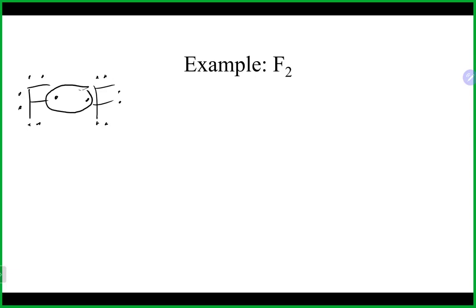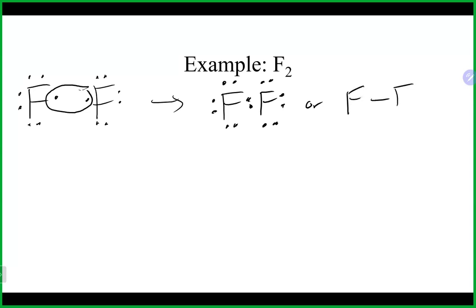So they're going to decide to share those electrons. The result of that, again, is we're going to end up with a bond being formed between the 2 fluorines, which you can represent, again, as all dots. Or for the one where the bond is, you could use a line to represent that.